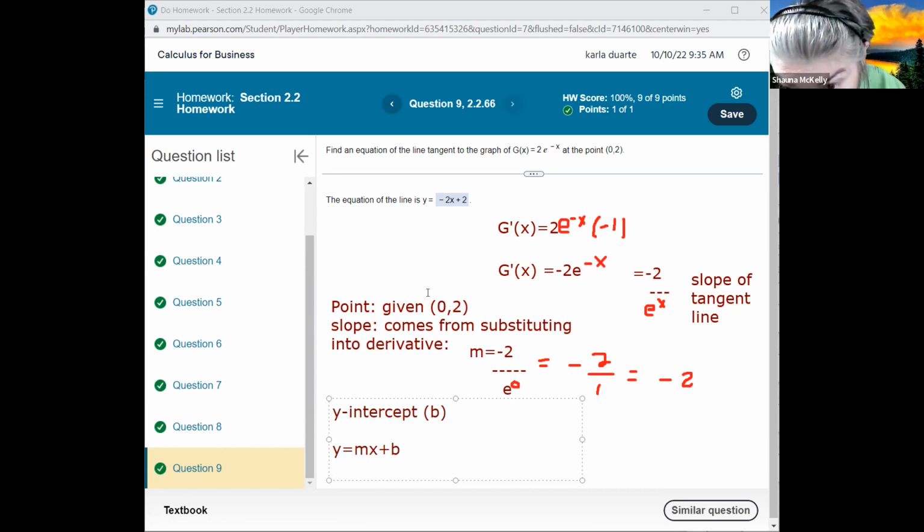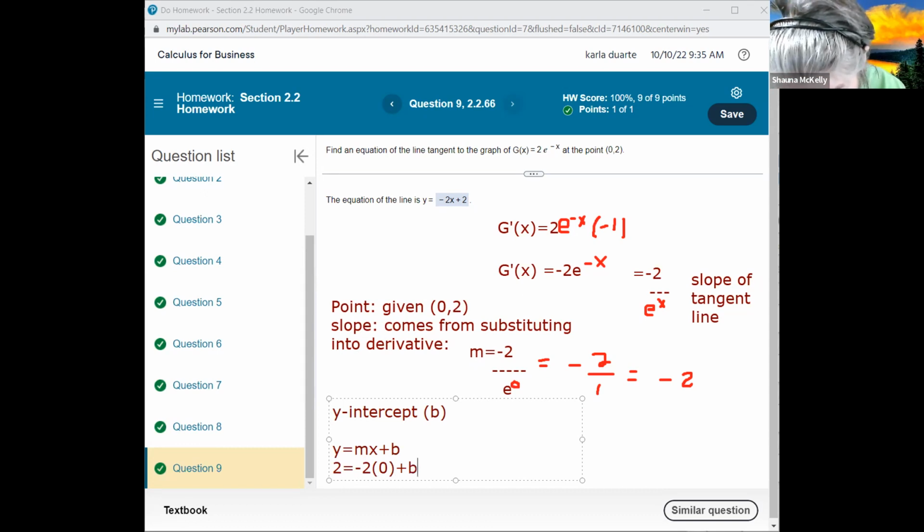So my y is the y coordinate of the point they gave me, which is 2. My m is the slope that I just got, which is -2. My x is the x coordinate of the given point, which is 0. And so then I can solve for b.